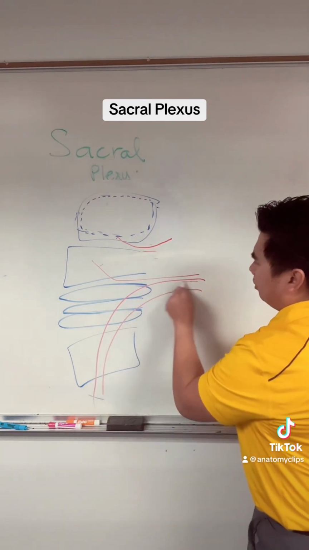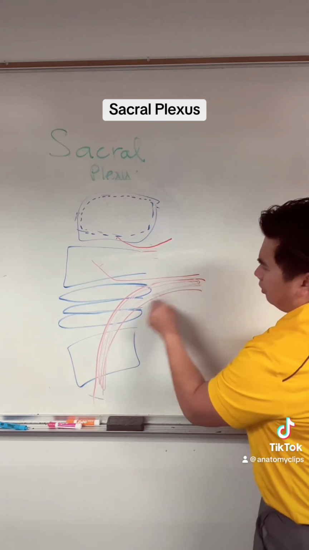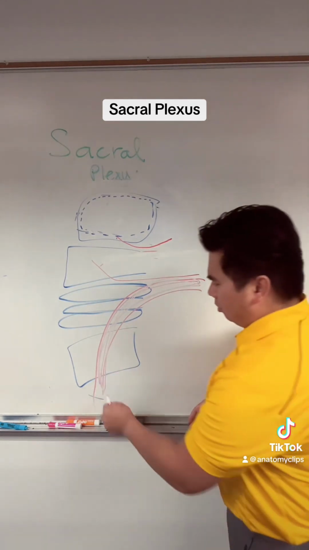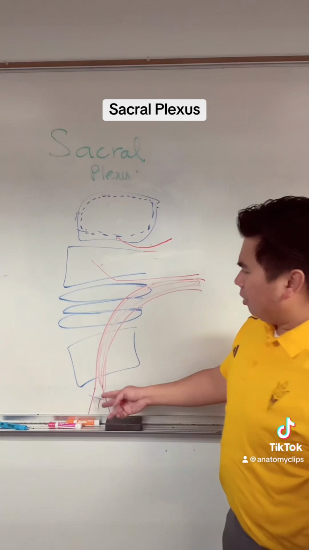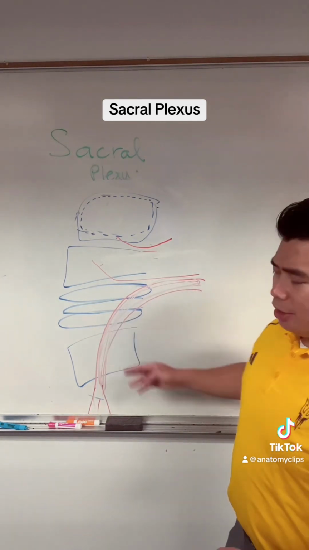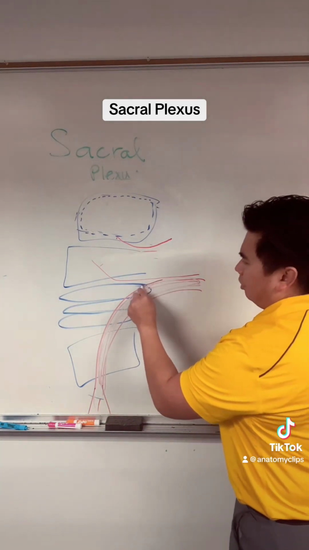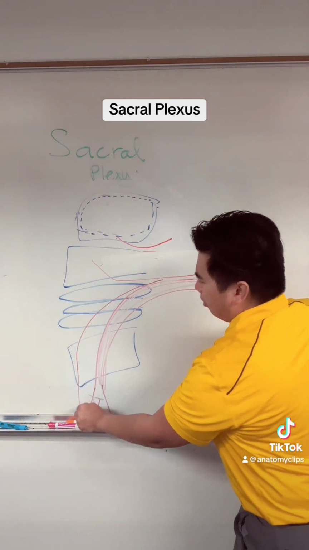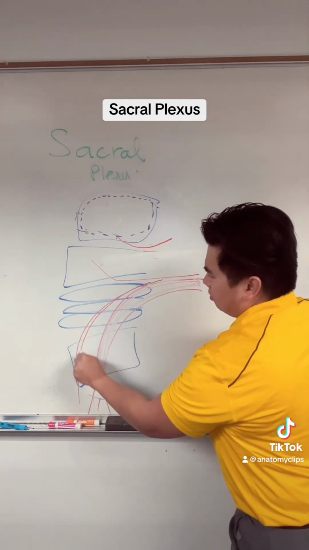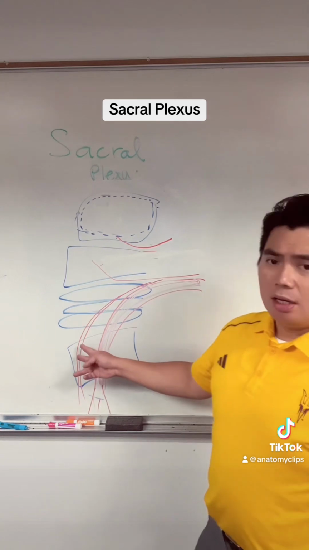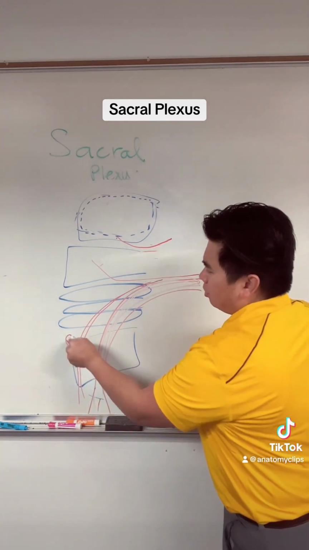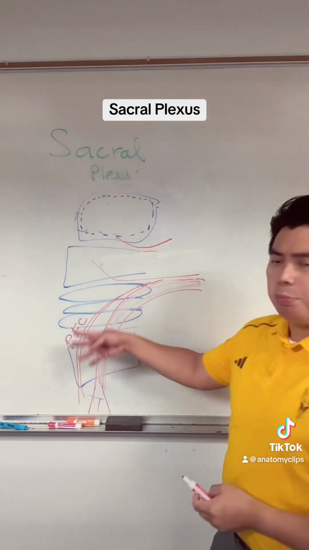And then you should see a big nerve coming out. If you see that big nerve on the plastinate or the cadaver or the images, and sometimes it will split into 2 immediately, that will be your sciatic nerve. Next to the sciatic nerve, there should be a thin fiber. Sometimes you'll see 1 or 2 of them, and that will be the posterior femoral cutaneous nerve, or the PFC.